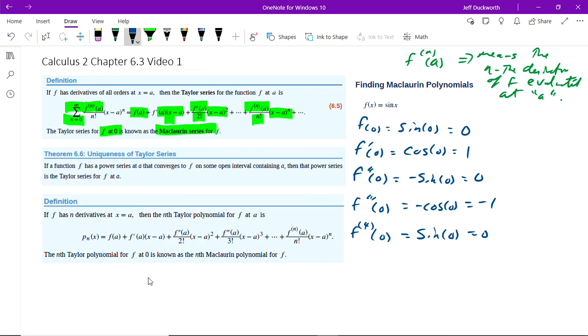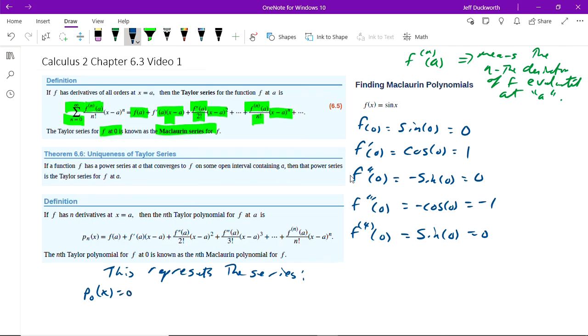So I'm going to start writing down over here. So essentially, the series. And we'll write the first one, P0 at x, is just 0.